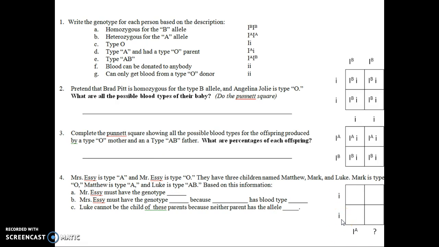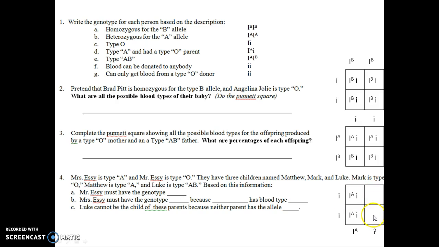They have 3 children. If we cross this column here, both of these children will be capital I A and then the lowercase i. That is going to cover Matthew over here for his type A blood.